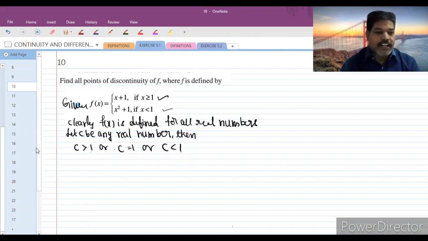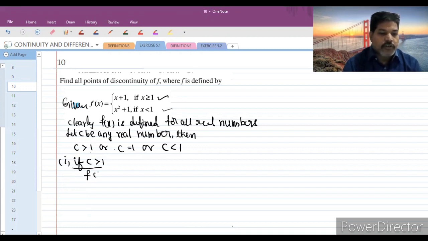So first I will take case 1: if C is greater than 1, what happens, students? Then f of C is, for x greater than 1, x plus 1, so f of C becomes C plus 1.